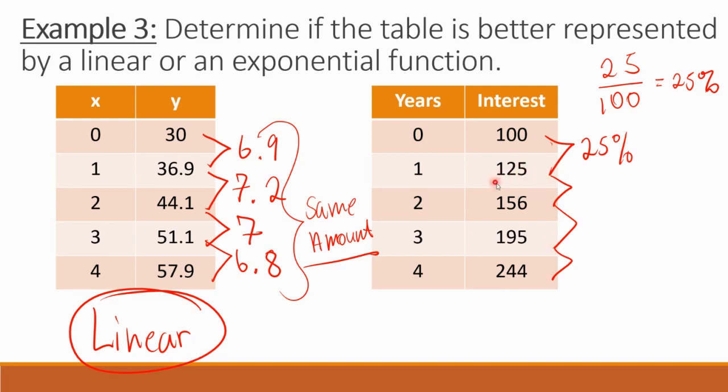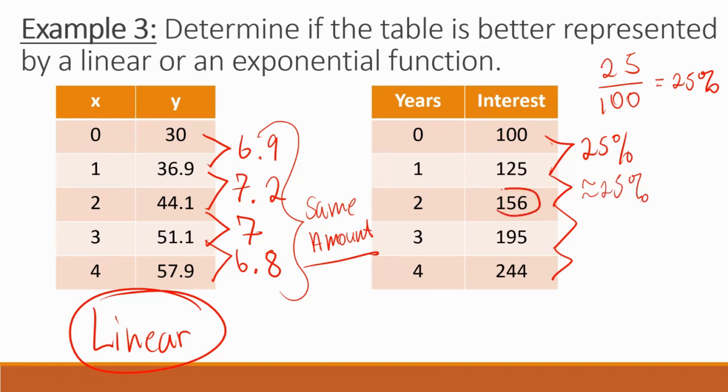So what I'm going to do is take 125 and multiply it by 0.25. And when I do that, my calculator tells me that I get 31.25. And I do go up to a number that is very close to 31.25. I go up by 31. So that's roughly 25% again.